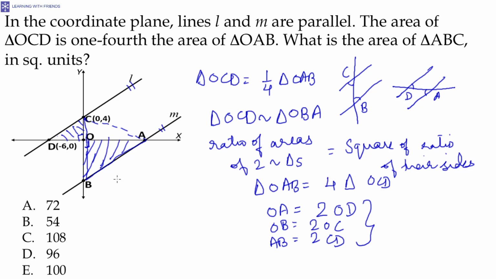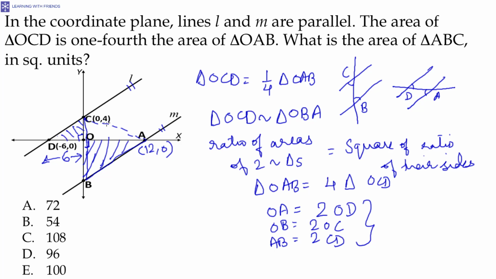Which means what? If this point is minus 6, 0, what does that tell us? That means this distance from D to O is 6. So OA will be double that. And because this is the positive x-axis, point A will be 12, 0, obviously, because the distance is double, so it is 12.